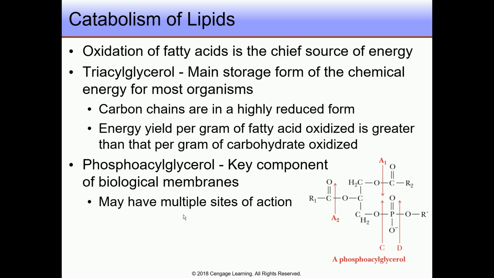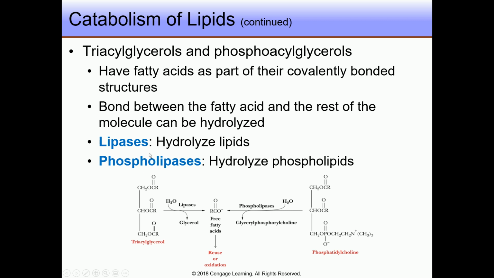In the lipids, we have basically triacyl glycerol, which is also called triglycerides, or phosphoacyl glycerol, which are phospholipids. Triacyl glycerol is the main form of chemical energy, and phospholipids or phosphoacyl glycerol are present in the membranes.